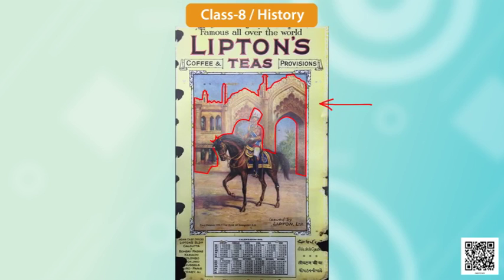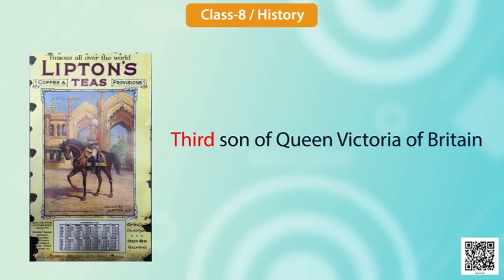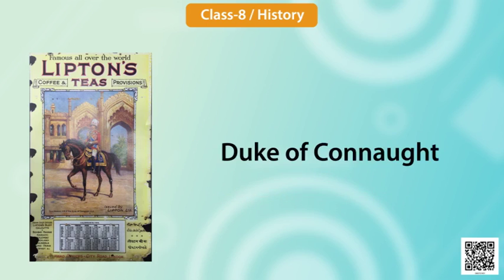In the background, you see the outer wall of an Indian palace, while in the foreground, seated on horseback, is the third son of Queen Victoria of Britain, Prince Arthur, who was given the title of Duke of Connaught.